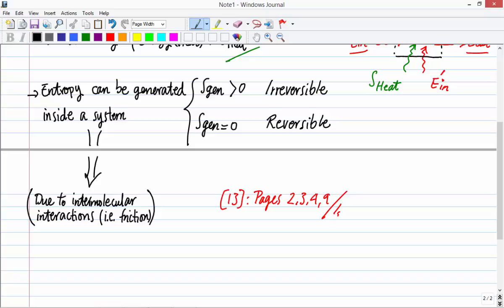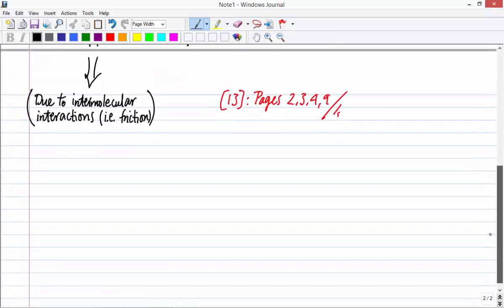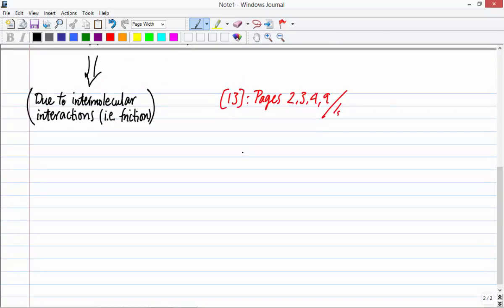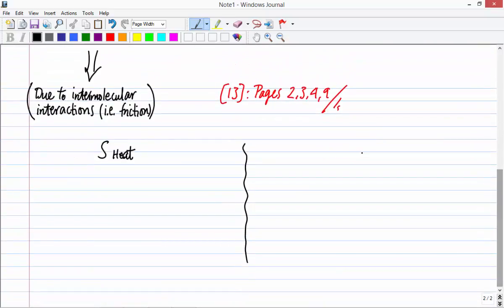Now if I divide those two types of entropy, transferred by either mass or heat, or together it might happen, the formulations would be like that. So the entropy transferred by heat, or the entropy transferred by mass.